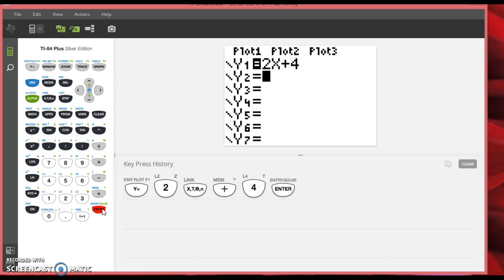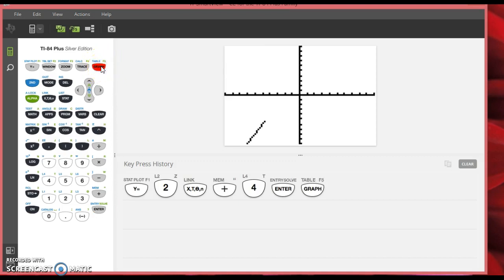All the graphing calculators are already preset to be y equals. Now, watch this. See up here in the right-hand corner? Hit graph. There it is. Awesome. Now, listen, people.